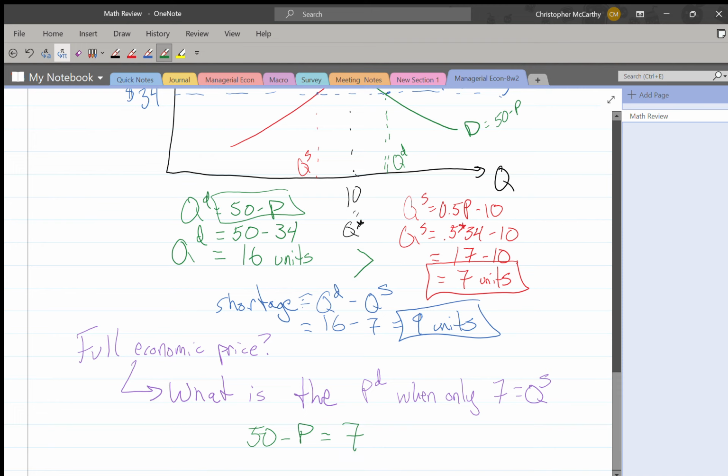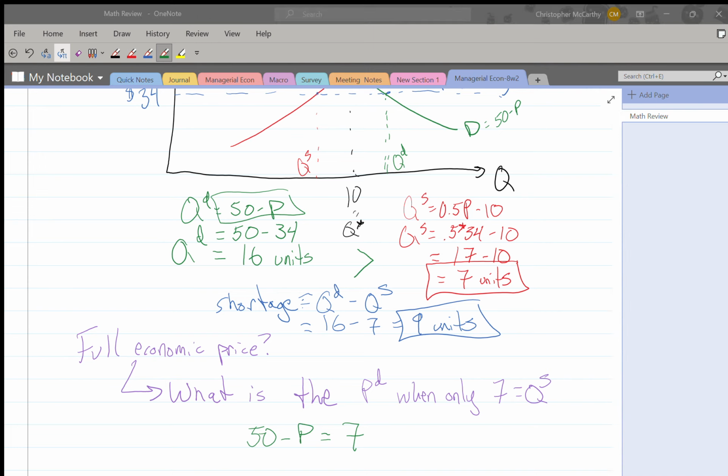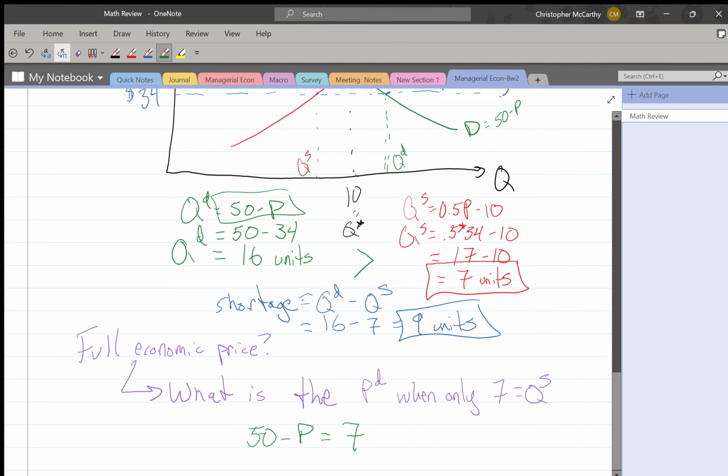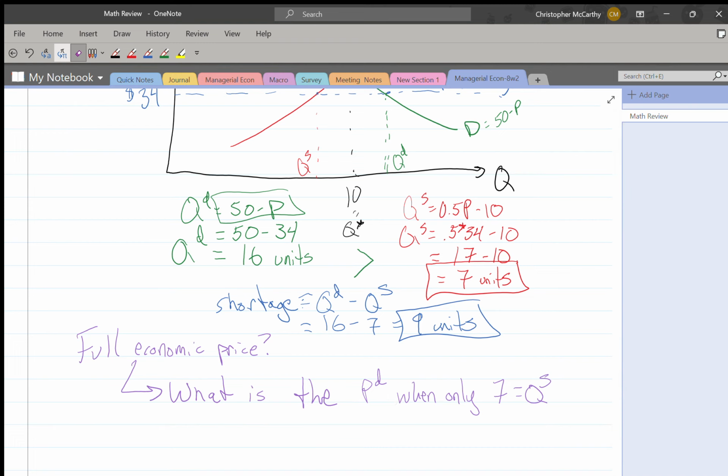So this is telling us, well, hold on a second. Actually, I got this a little bit backwards. So this is, what is the price when the quantity is equal to 7? No, I got that right.